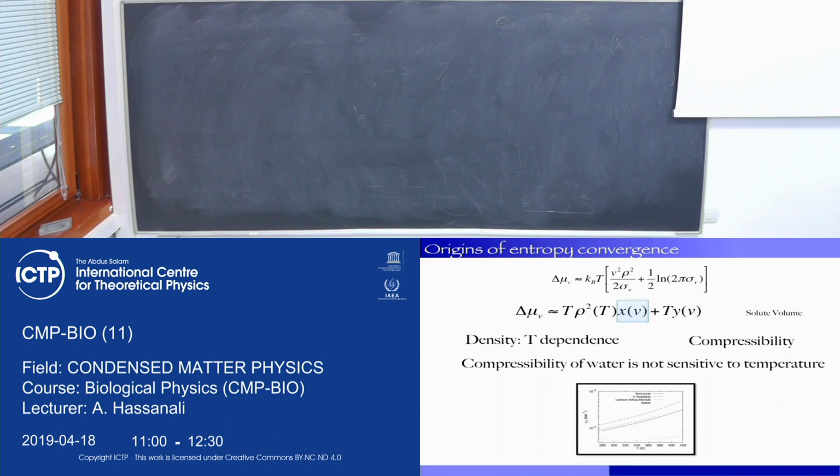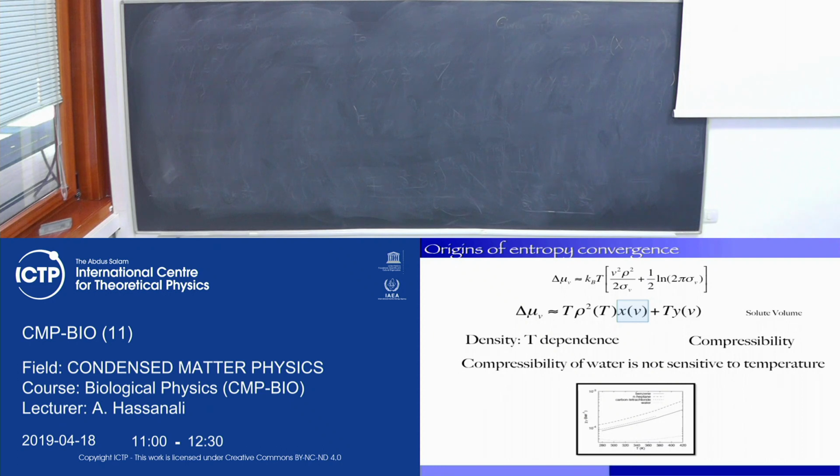T rho squared as a function of temperature. So it has to do with the weird way in which the density of water changes as a function of temperature.